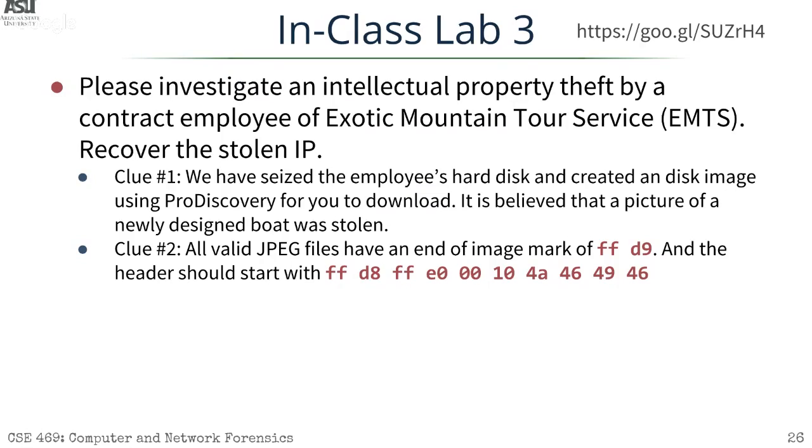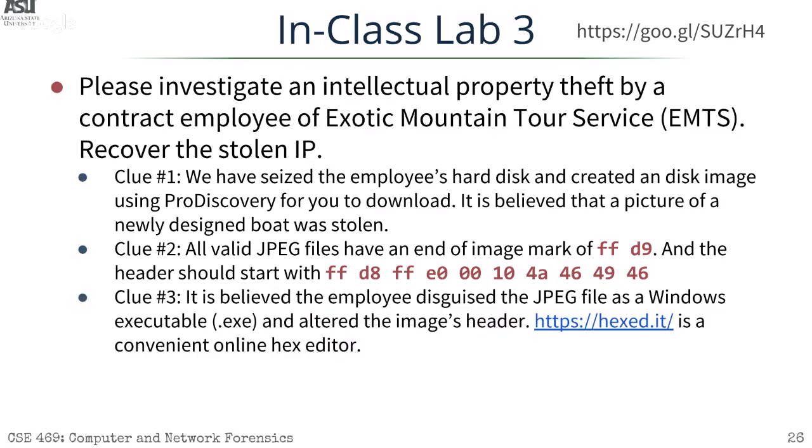All valid JPEG files have an end of image mark, almost like an end of file EOF mark. The end of image mark of FFD9 should be the last 2 bytes in the file. And the header should start with these bytes. If you need a hex editor, you can try out this one. I cannot vouch for it personally.